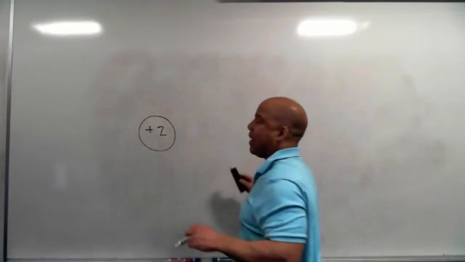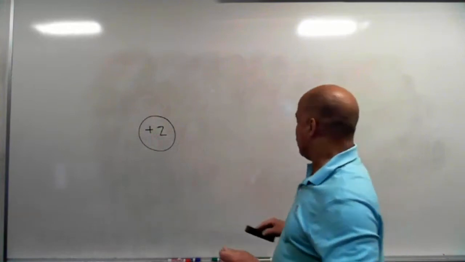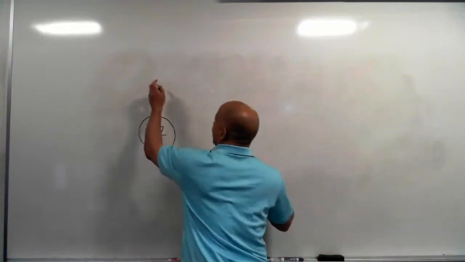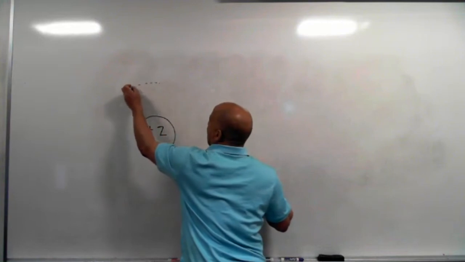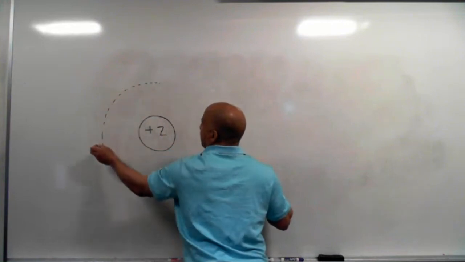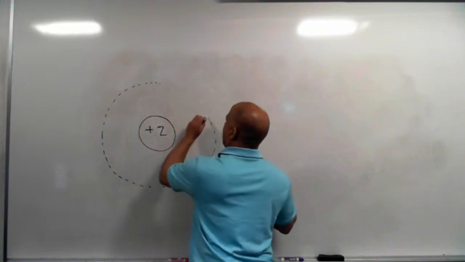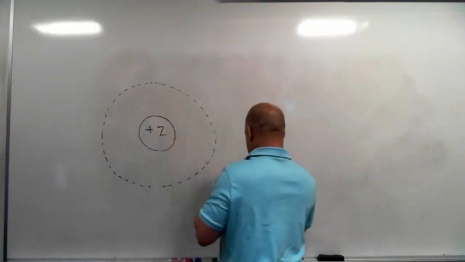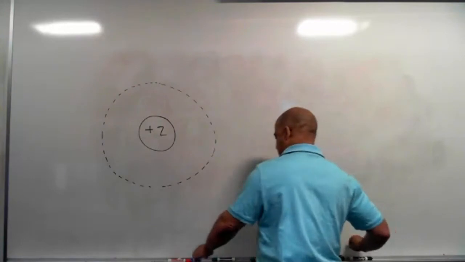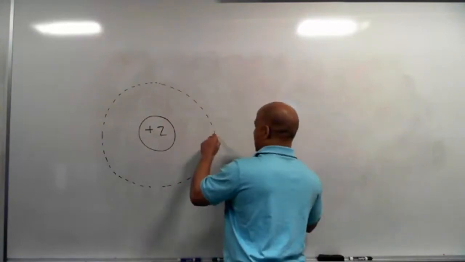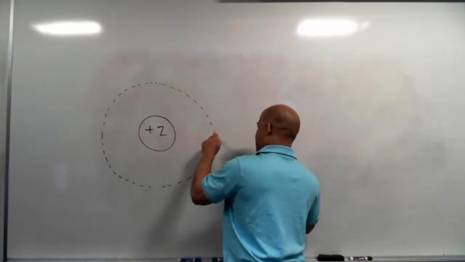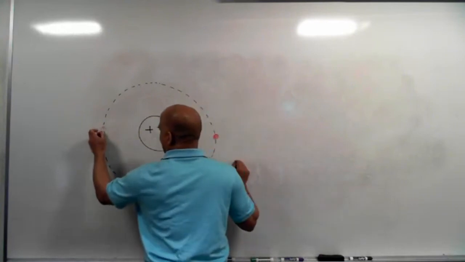So that means there's 2 positive charges, 2 protons in the nucleus. And then if I have a neutral atom, it's going to have 2 electrons. Here's 1 electron. Here's the other electron.